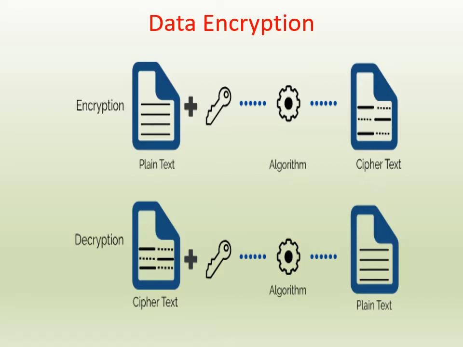The type of encryption used depends on how data is intended to be accessed and by whom. Encryption can be private encryption or public encryption. There exist two kinds of keys: the private key, which is also known as symmetric encryption, and the public key, which is known as asymmetric encryption. Symmetric encryption uses a single key for both encryption and decryption.